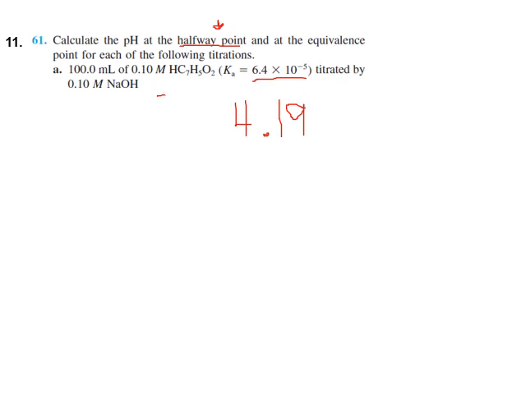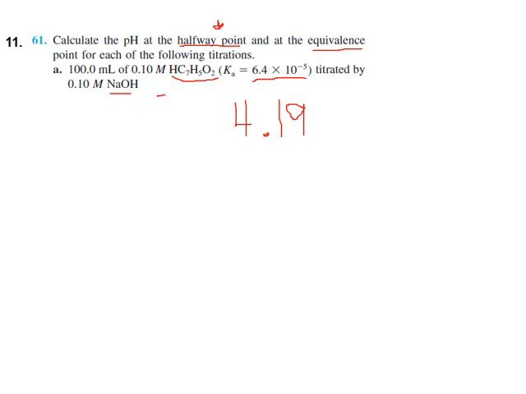At the equivalence point, okay, so let's go ahead and do this. At the equivalence point, what you should do is start off by figuring out how many moles you had of whatever thing was in there to start with. In this case, we're titrating with NaOH, so that means that we were starting with this stuff right here. When you have 7 carbons in a row, it's called heptane.